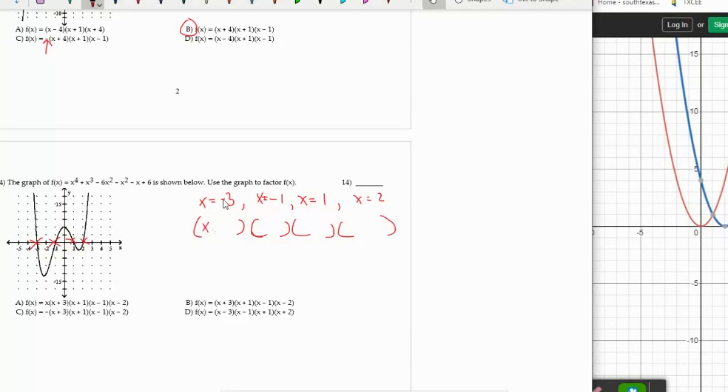It's pretty much the opposite. So the negative becomes a positive, negative becomes a positive, positive becomes a negative, positive becomes a negative. It looks like it's B again. Let me make sure. Okay, that's it.